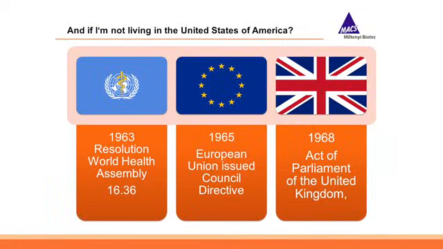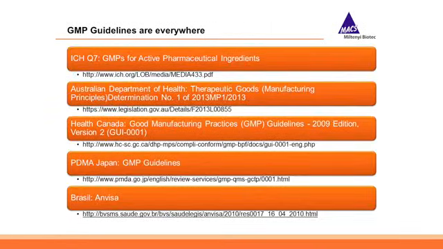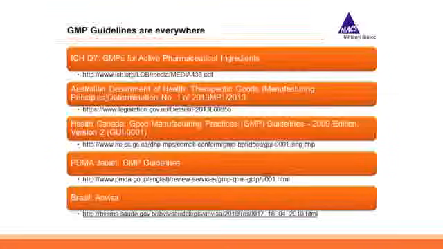So in the late 60s and the early 70s, we saw a plethora of regulations in regards to drug manufacturing practices. And there is not only the WHO, there's not only the European Union, there is also, for instance, the ICH, the International Conference on Harmonisation, which has Q7.